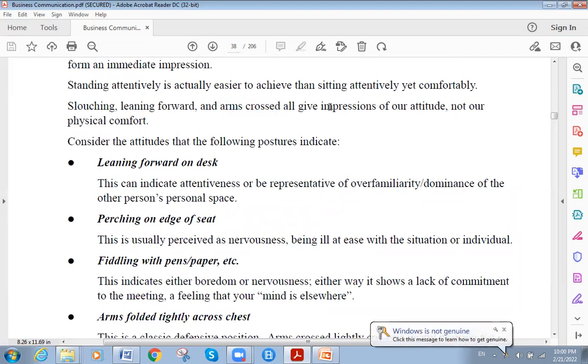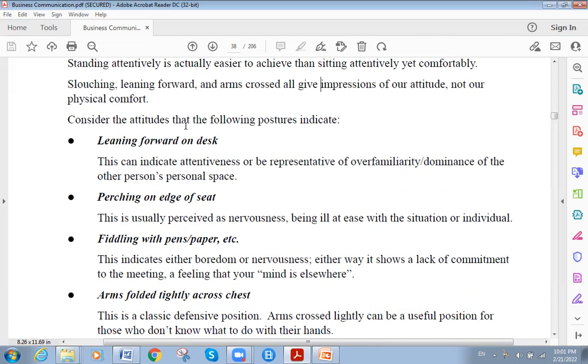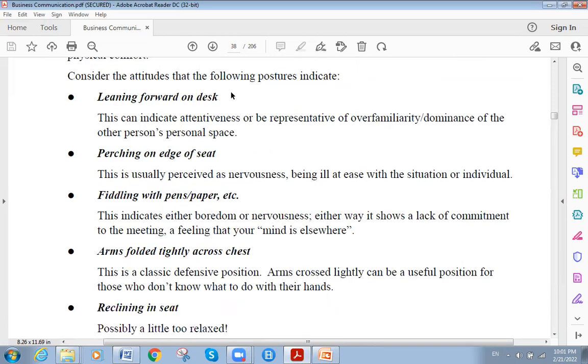Arms crossed gives the impression and attitude that you are not physically comfortable. Leaning forward on a desk can indicate attentiveness, showing that you are very attentive. Perching on the edge of a seat is usually perceived as nervous.